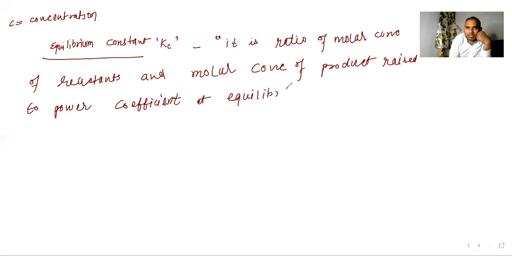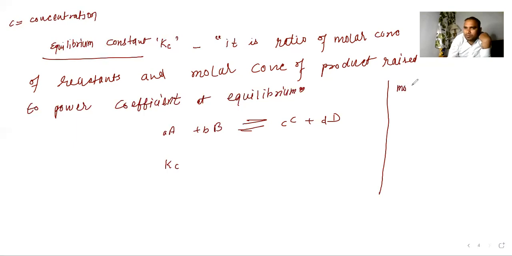Now let us write down the expression. Suppose we have a mole of A plus b mole of B going to c mole of C plus d mole of D. So we write Kc, because it is the molar concentration. One point to keep in mind: molar concentration is a new term. Molar concentration means moles per liter.